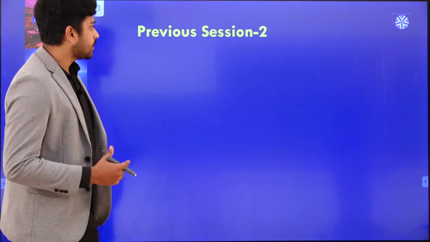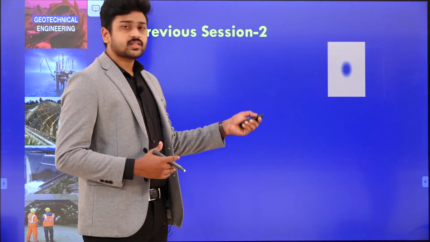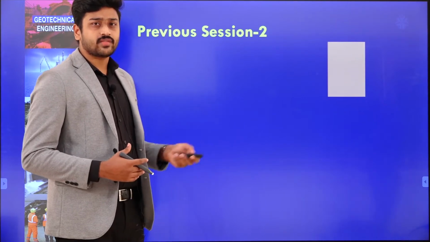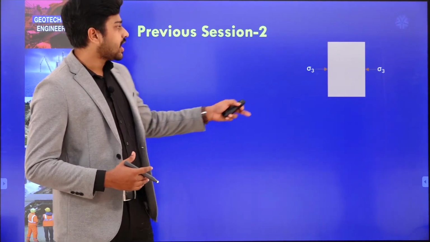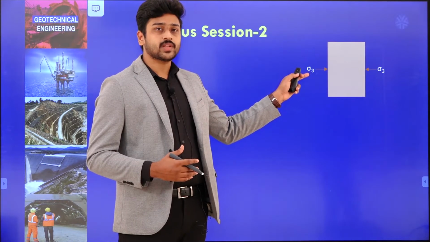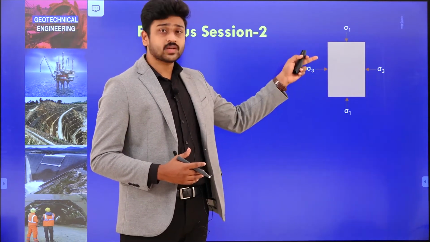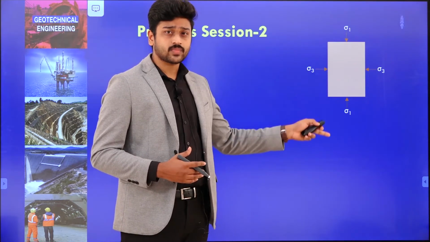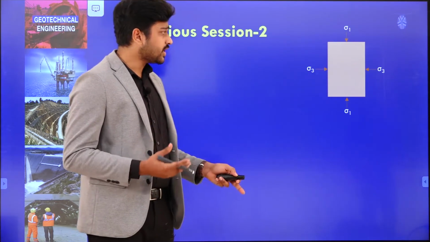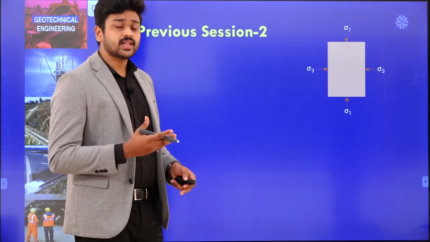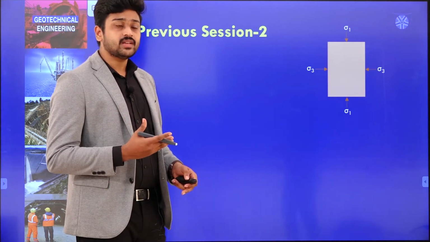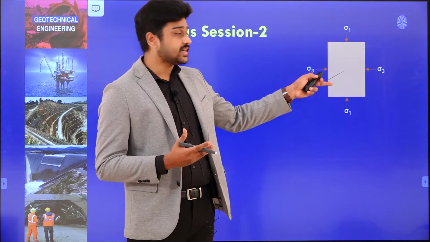Initially, in session 2, we considered a two-dimensional body having the minor principal stress sigma 3 along the horizontal direction and the major principal stress sigma 1 along the vertical direction. We obtained a particular failure plane inclined at an angle theta.